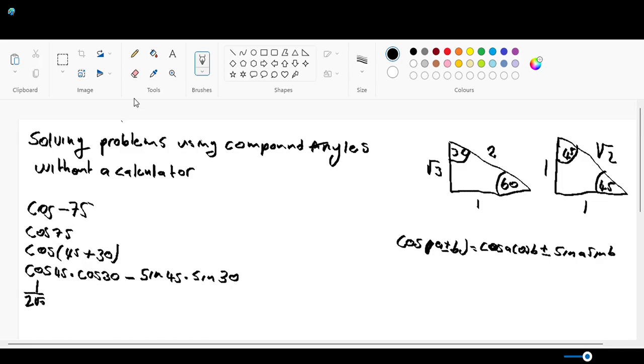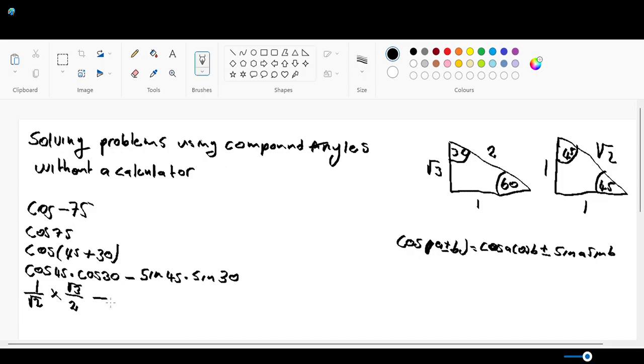Oh, sorry, made a mistake. 1 over root 2 multiply. Right. So what is cos 30? When you look at the other triangle, cos 30 is supposed to give us root 3 over 2. Remember, it's adjacent over hypotenuse.